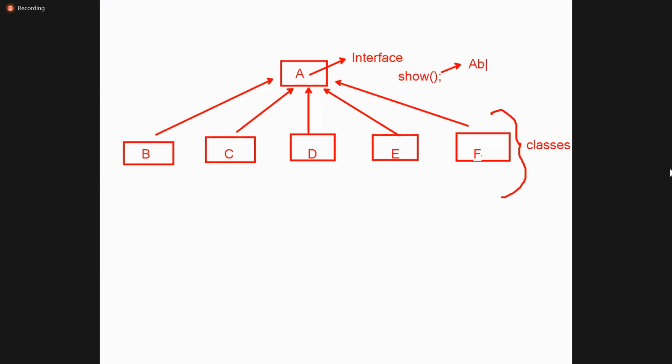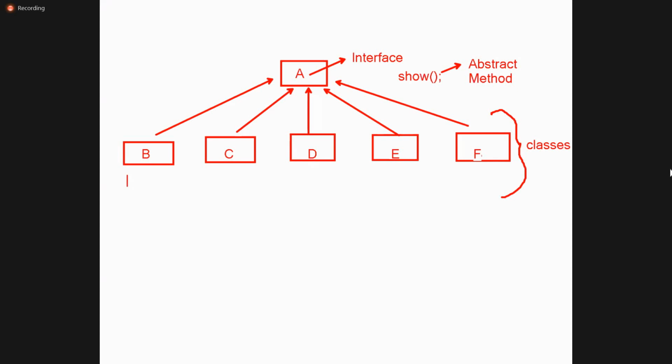Now this A interface is inherited in class B. Is it compulsory to override the show method here?